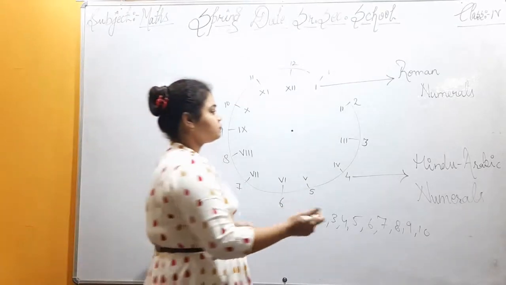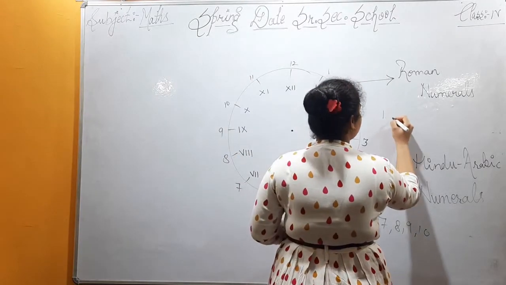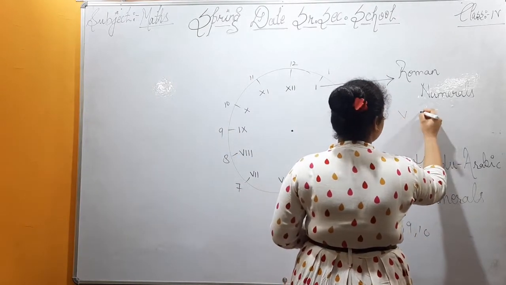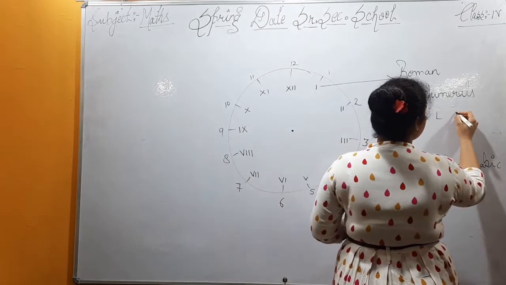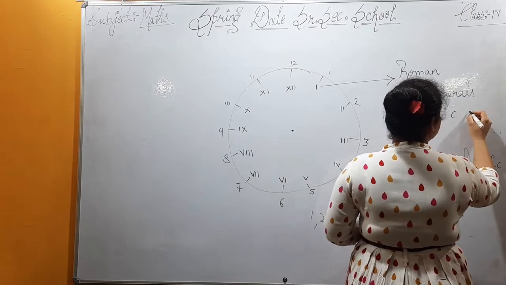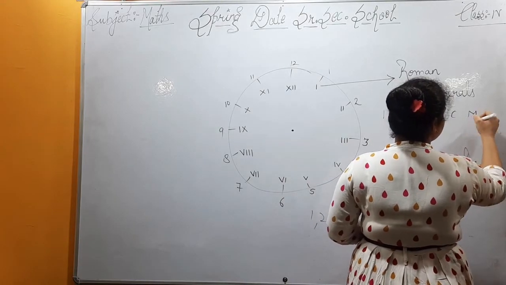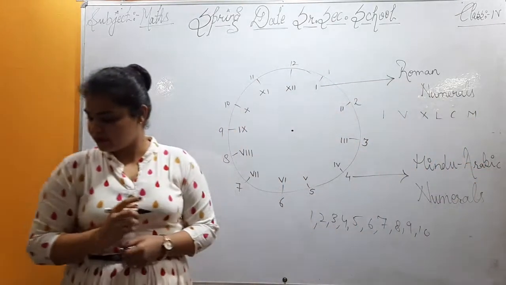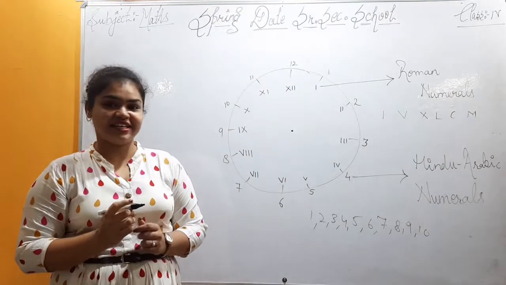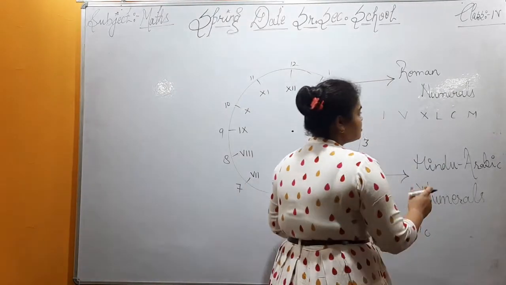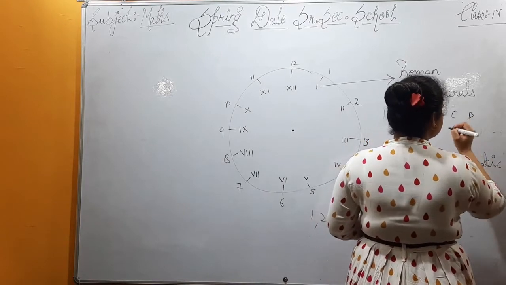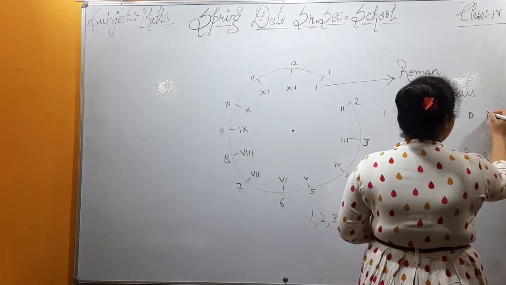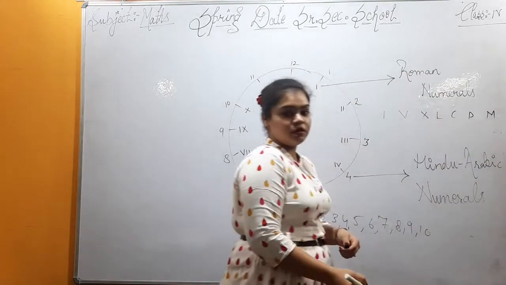They are 1, 5, 10, 50, 100, 500. Sorry children, here is one more, that is D, and it is 500, and M is 1000.